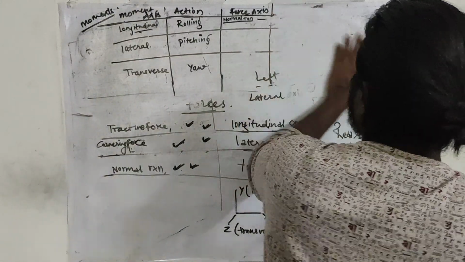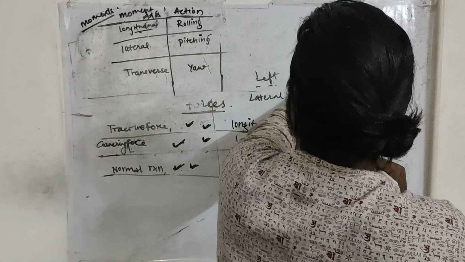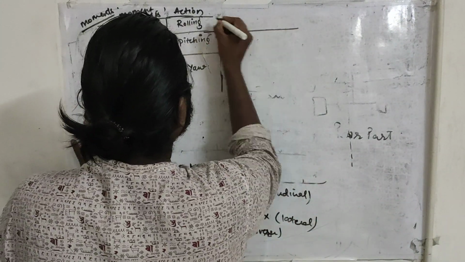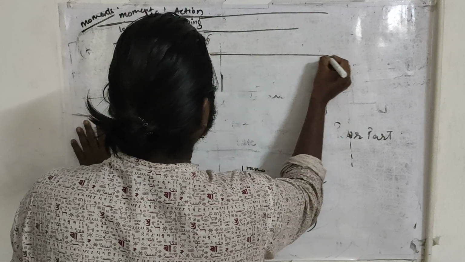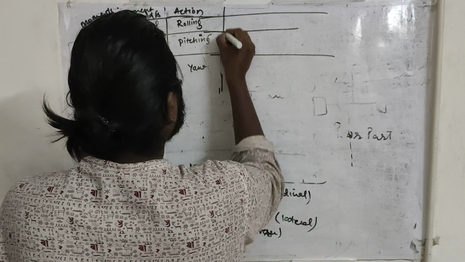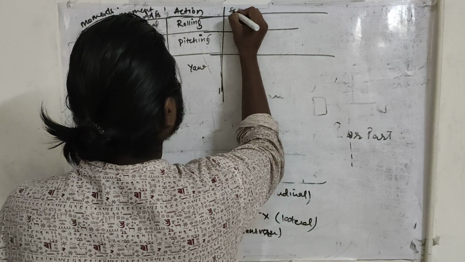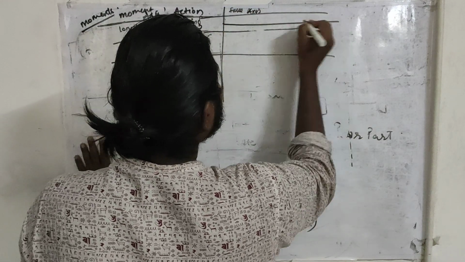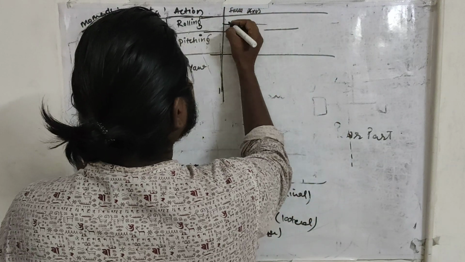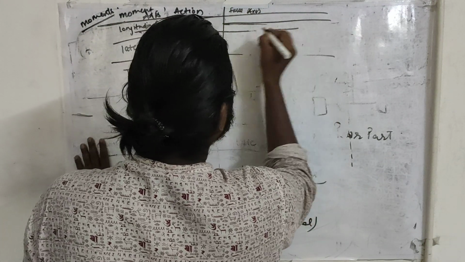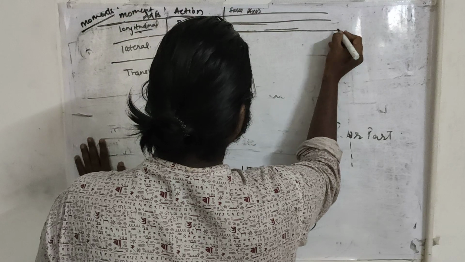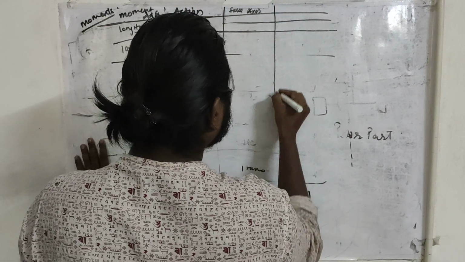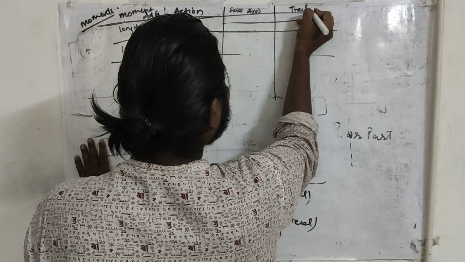Let me rub this thing down too. Force axis, right? This is the force axis. Very good. And now this is the trail.